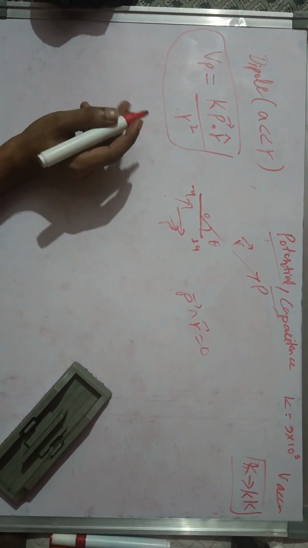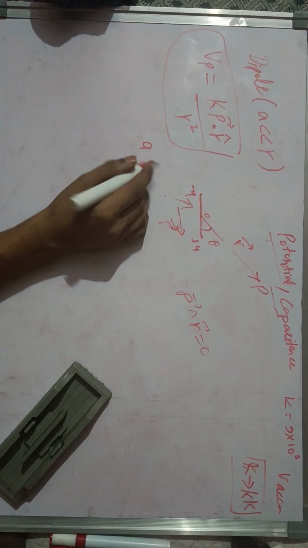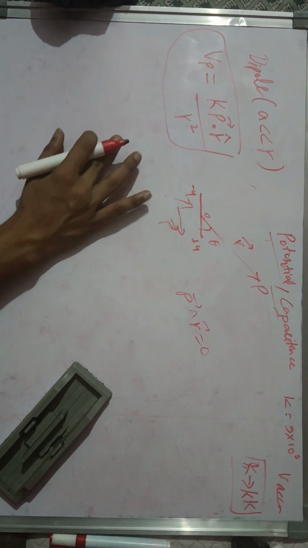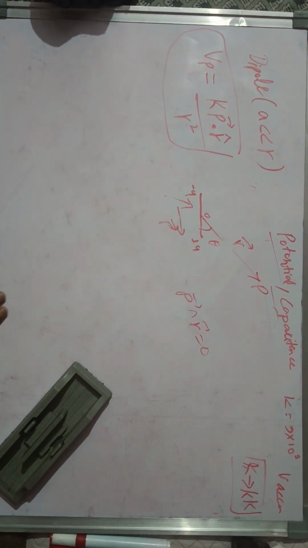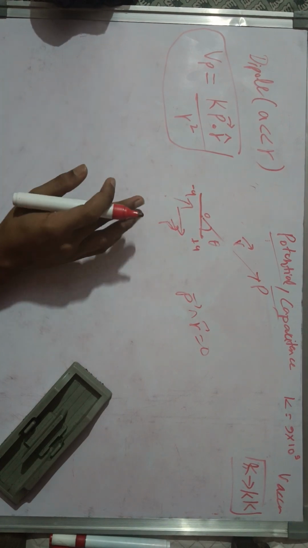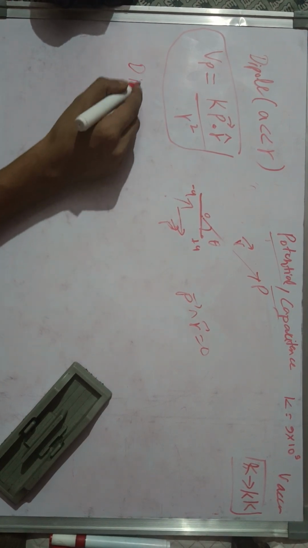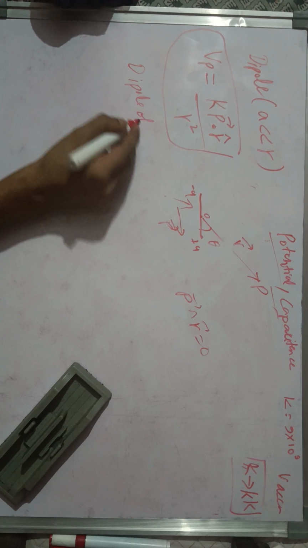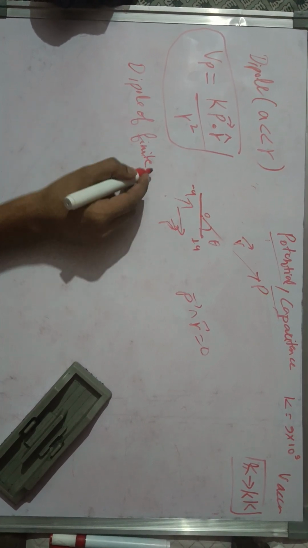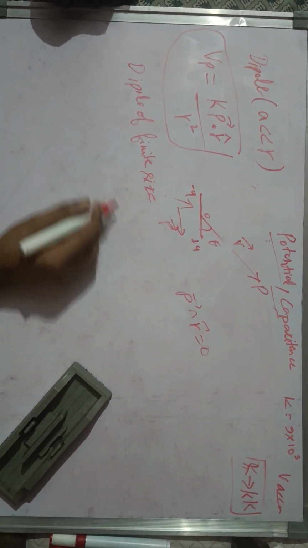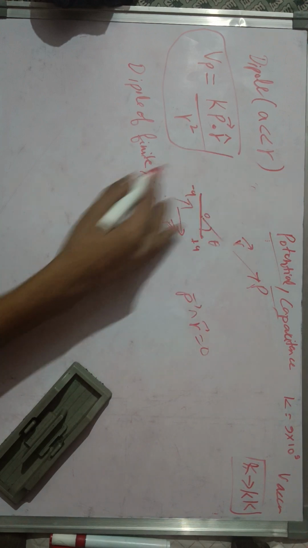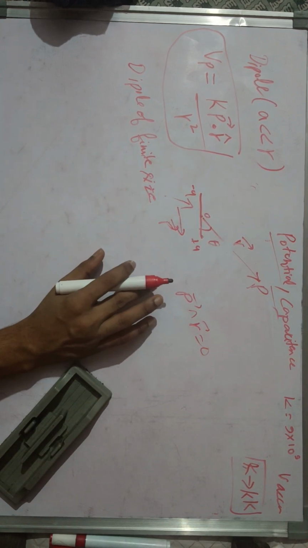And for an accurate formula, if a is not very small compared to r, if the dipole is of finite size, then the formula of potential at any random point in space becomes very complicated.